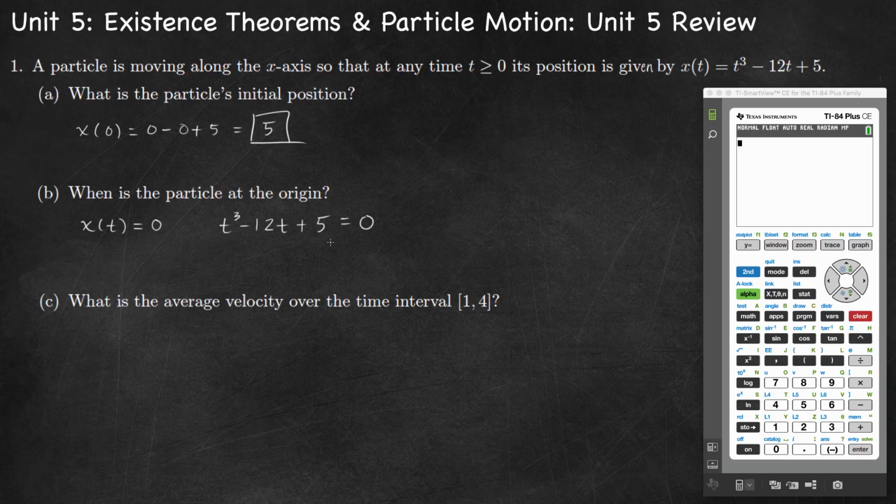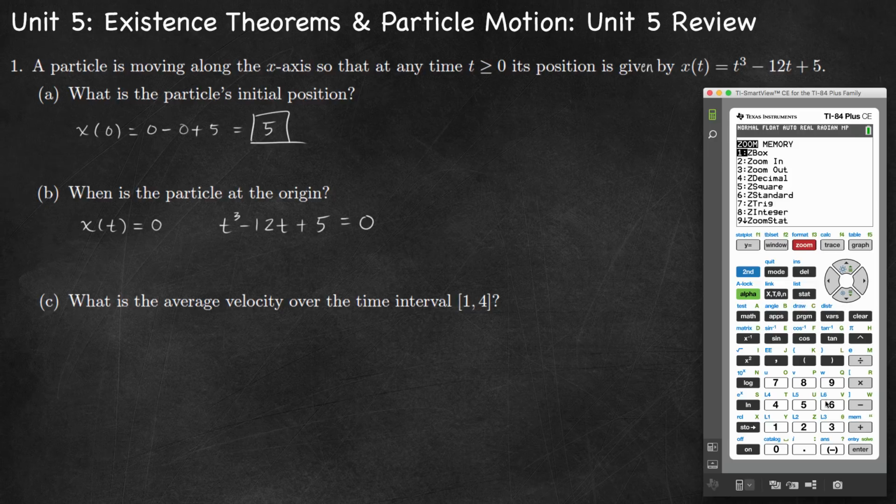So we're going to let that equal 0, and that doesn't look like something I can solve by hand. So let's use our calculator and enter our position equation, t cubed minus 12t plus 5. I want to know where that is equal to 0.